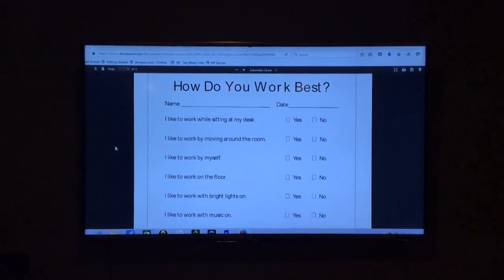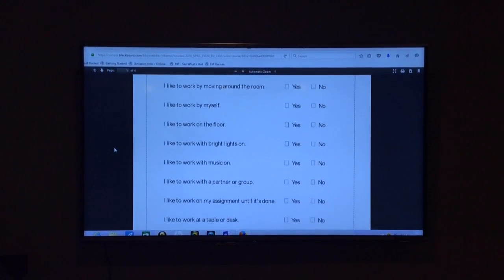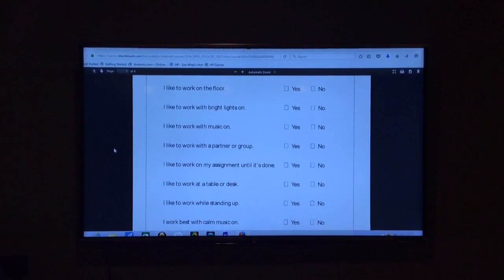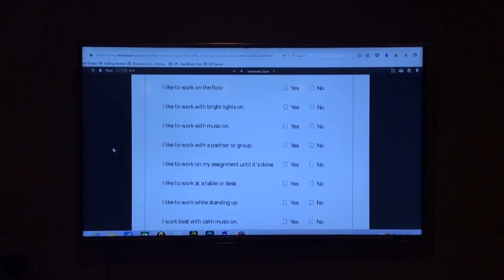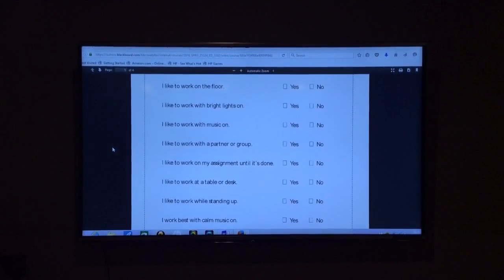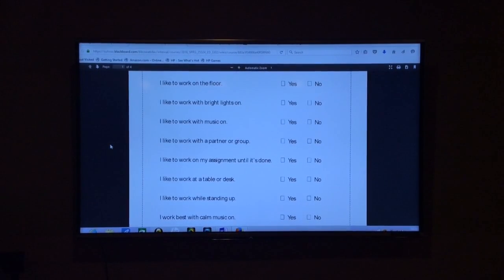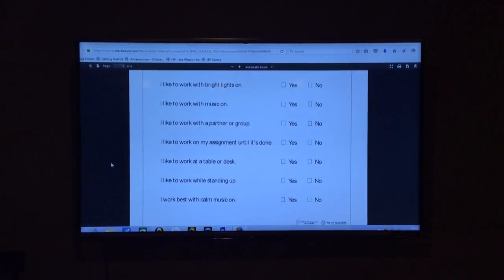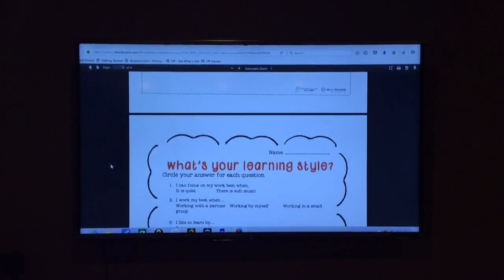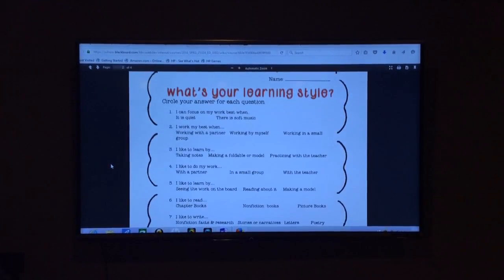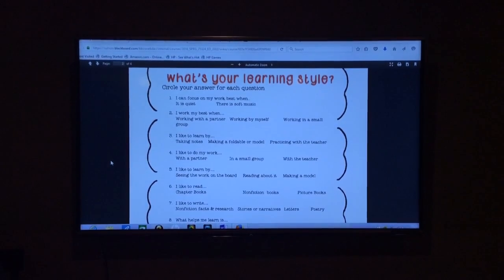So they can fill these out. And if they're little, like first grade or kindergartners, you can either do a classroom interview with them or else just talk to them one-on-one to see what they like and how they work best. This one was your learning style.